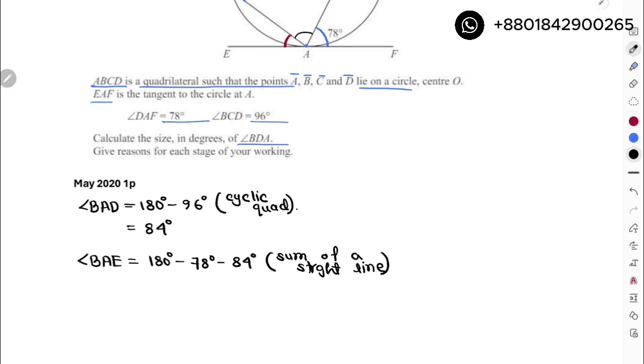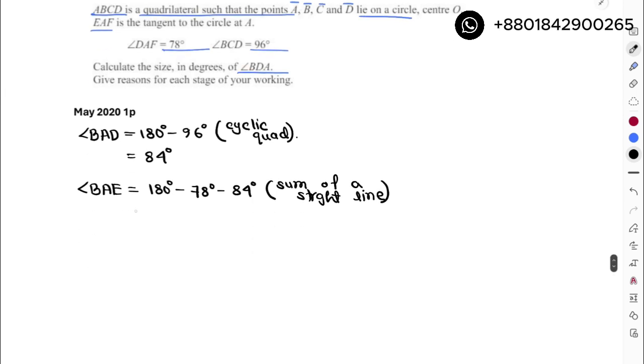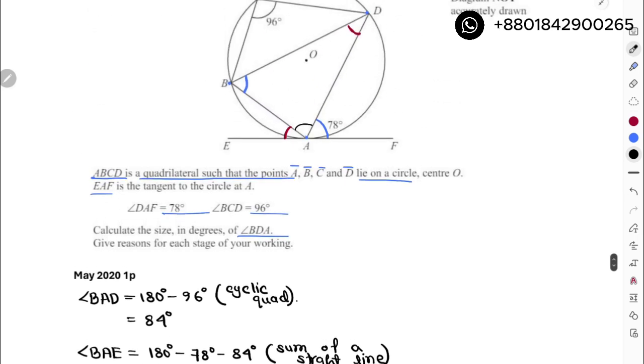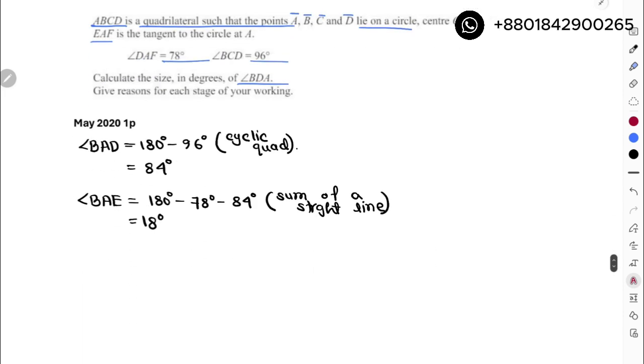That is 180 minus 78 minus 84, and this one turns out to be 18 degrees. And now I can say that if this angle is 18 degrees, this angle is also going to be 18 degrees under the alternate segment theorem, right? So we can write that angle BDA is also going to be 18 degrees, that is equal to angle BAE. Reason is alternate segment theorem.